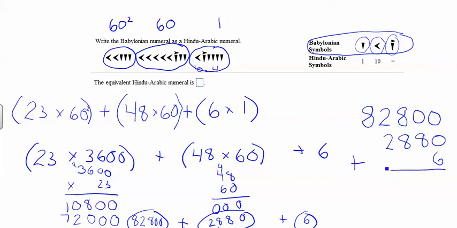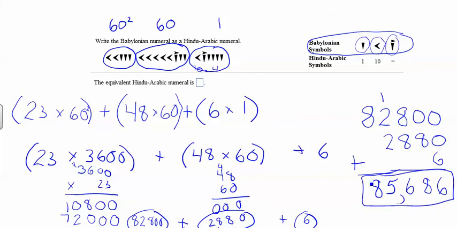So if we add those, we get 6 ones still, 8 tens, that's 80. 8, that really means 8 times 10 though. 8 plus 8 is 16, so that's 600, so 6 times 100 in our base 10 system, carry the 1. We get 5 times 1,000, and 8 times 10,000. So the answer would be 85,686. That's the Hindu-Arabic numeral.